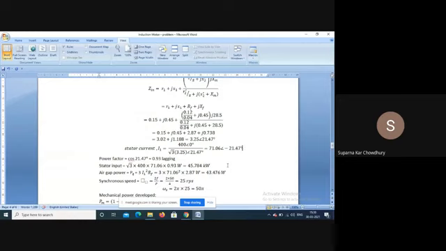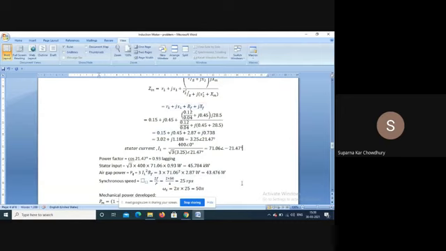Now air gap power is equal to, now this is the Z input total, this is the stator input, and this is the total secondary circuit impedance. So air gap power will be corresponding to this resistance. So air gap power is 3 I1 square RF.